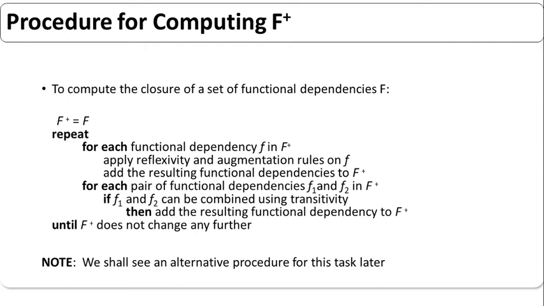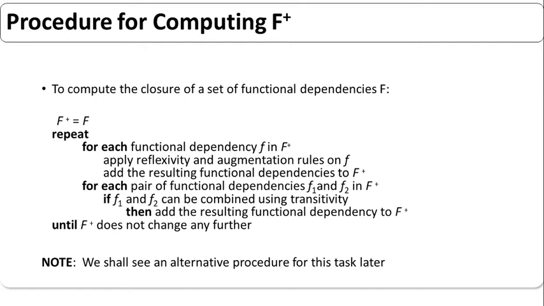We have seen reflexivity and augmentation in the previous slide. Add the resulting functional dependency to F plus. Then for each pair of functional dependencies f1, f2 in F plus, if f1 and f2 can be combined using transitivity, then add the resulting functional dependency to F plus, until F plus does not change any further.